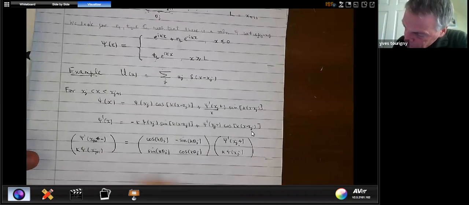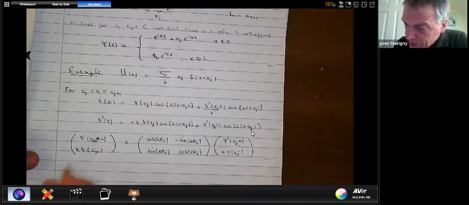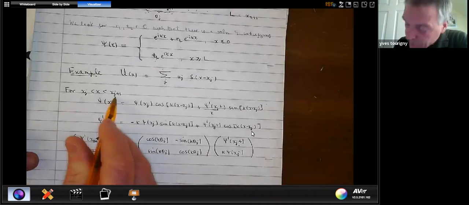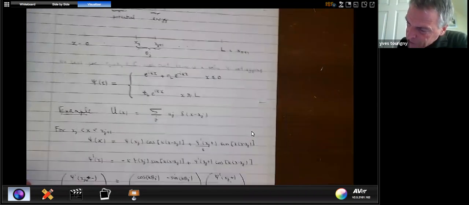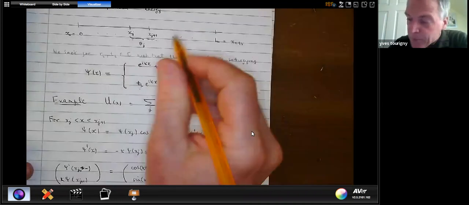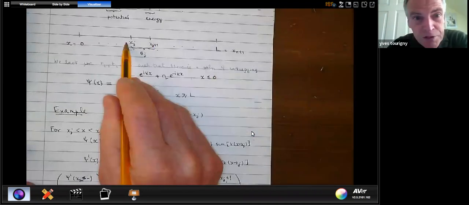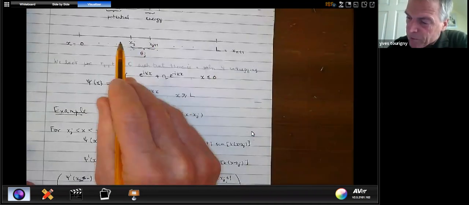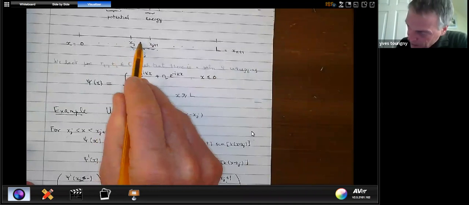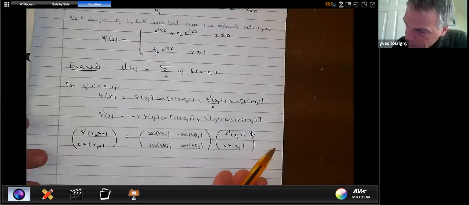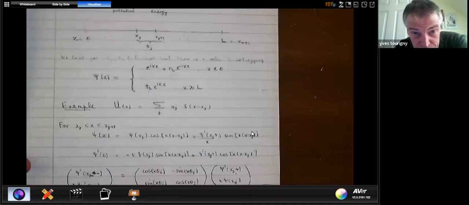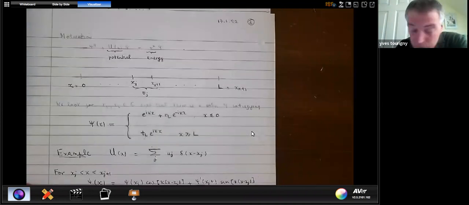So that's what happens in the subinterval, and then I need to consider what happens when I go across an impurity. So if I go from here to here, then by using the definition, let's bring back the problem.